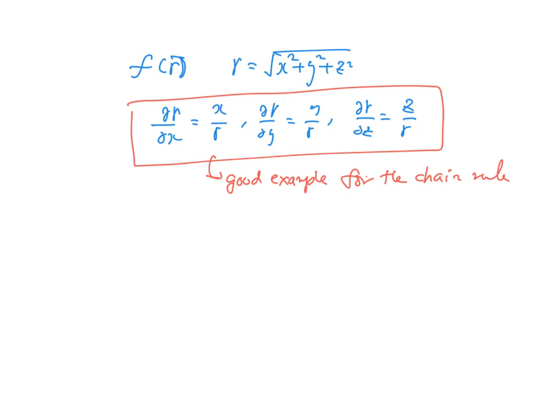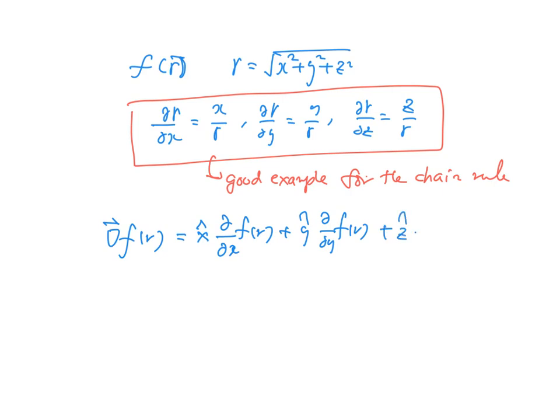So now what is the gradient of f(r)? According to the definition, it is x partial f(r) over partial x, y partial f(r) over partial y, z partial f(r) over partial z.